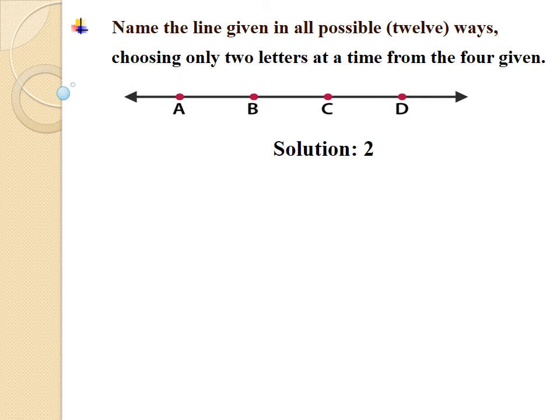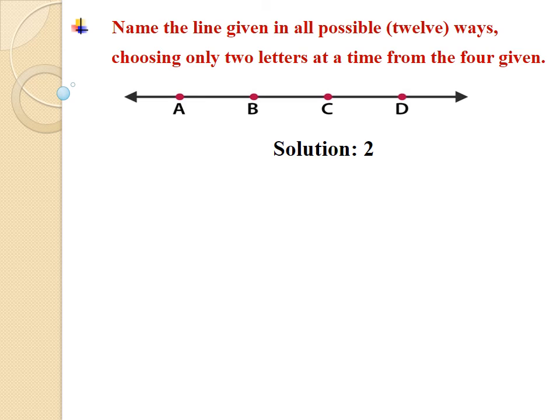Now, question number 2. Name the line given in all possible 12 ways, choosing only 2 letters at a time from the 4 given.